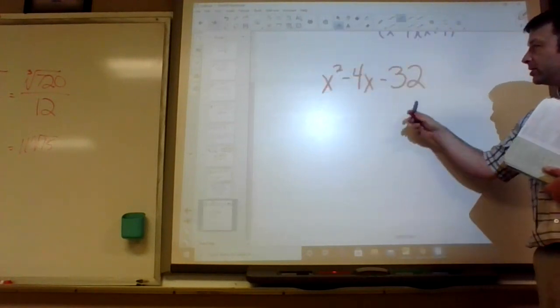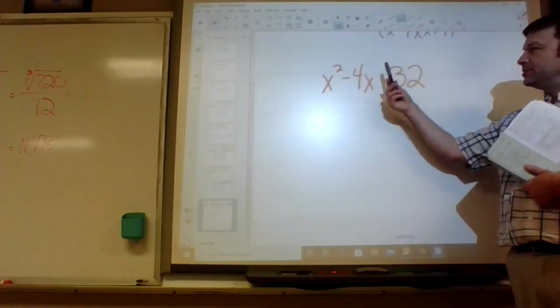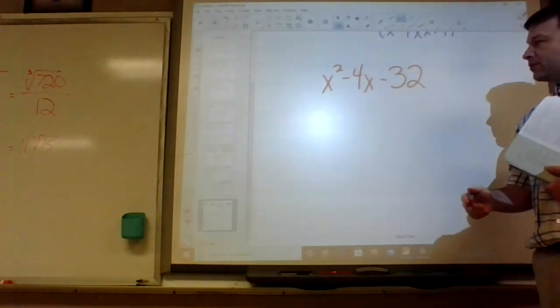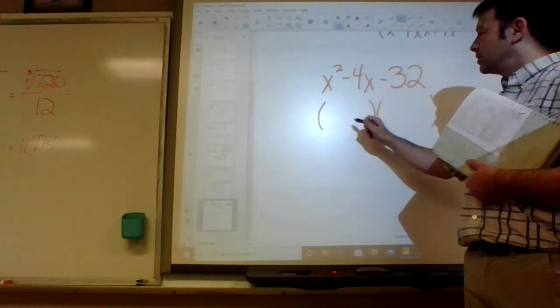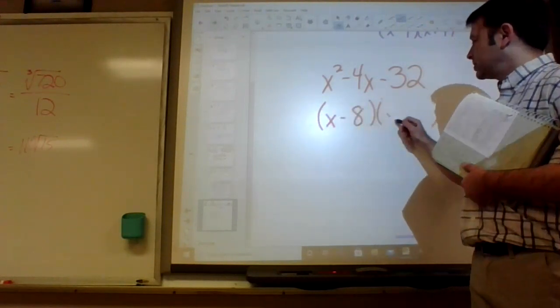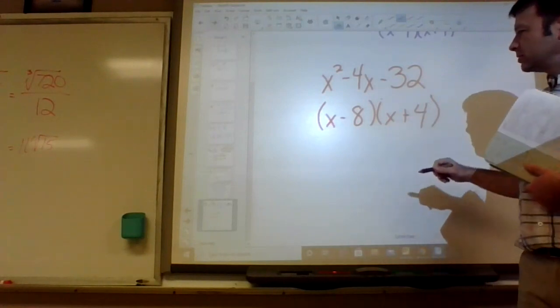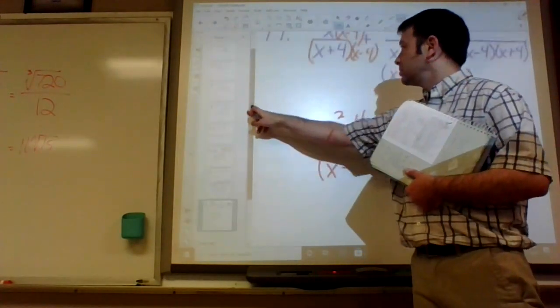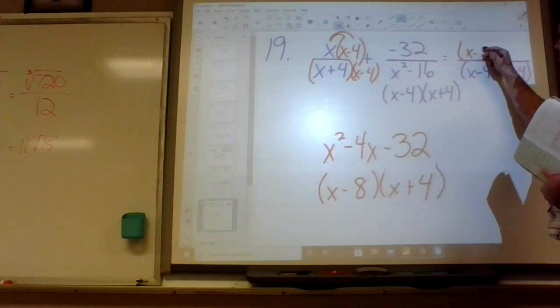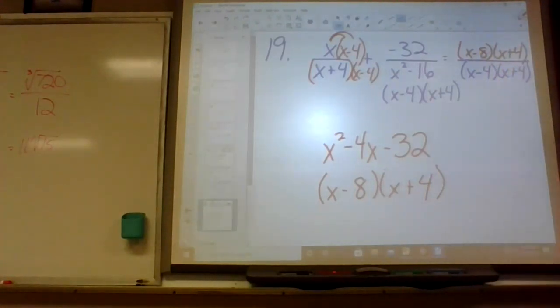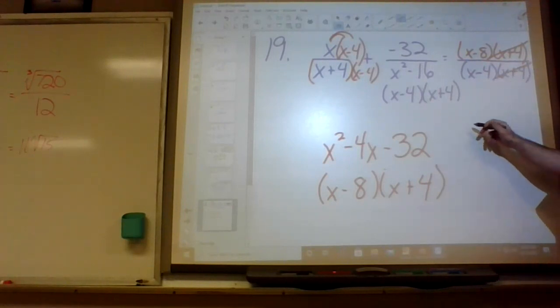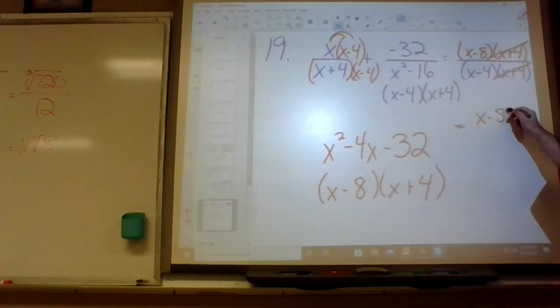What goes into negative 32 that adds up to negative 4? Minus 8 plus 4. The plus 4's can cancel out, so it's just x minus 8 over x minus 4.